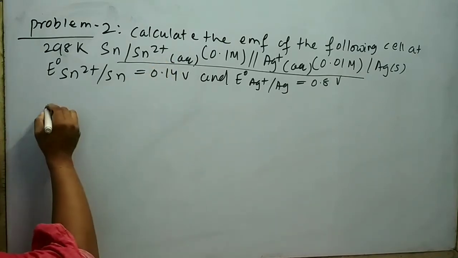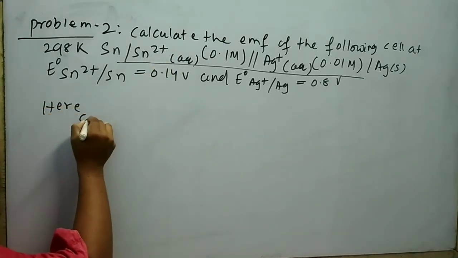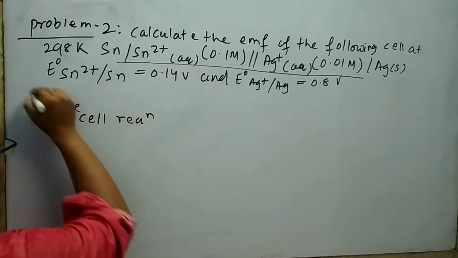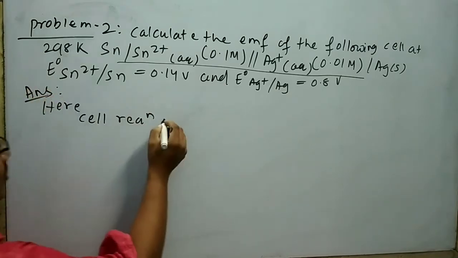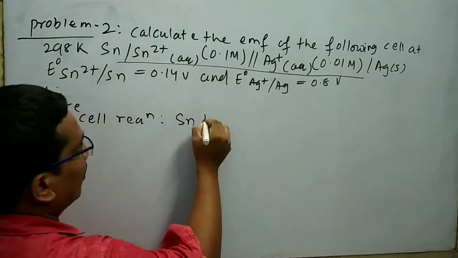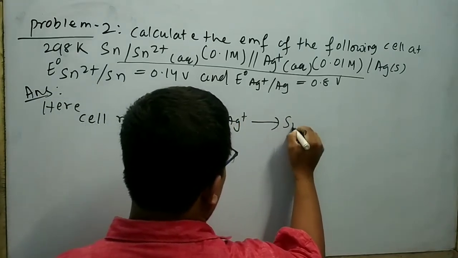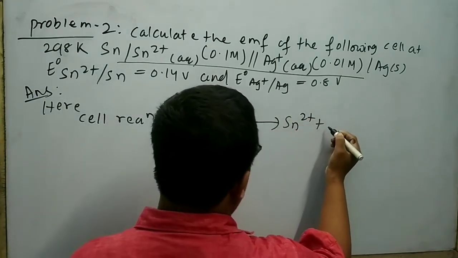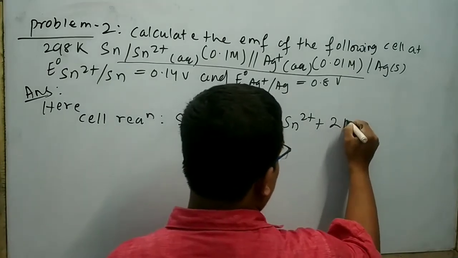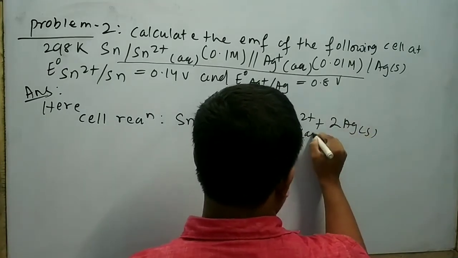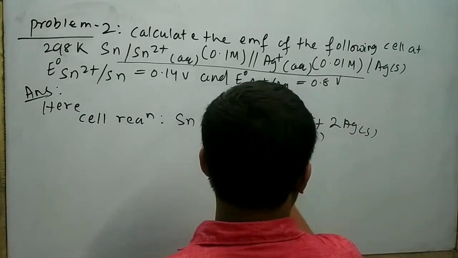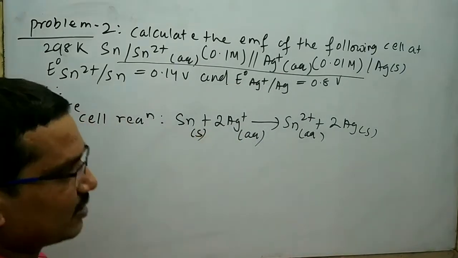From this cell representation, I can write the cell reaction. The cell reaction is Sn + 2Ag+ gives Sn2+ + 2Ag. This is your cell reaction.